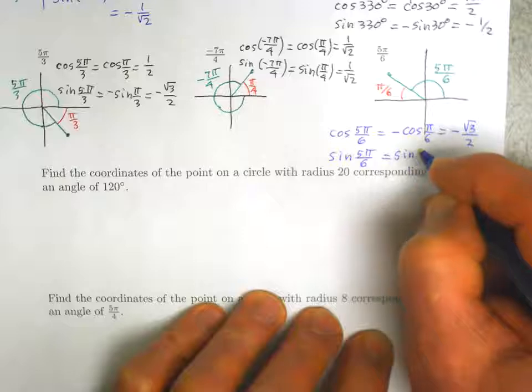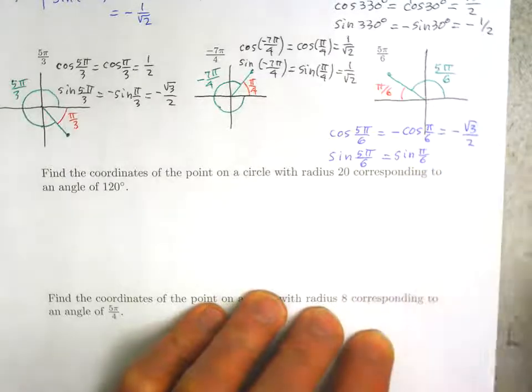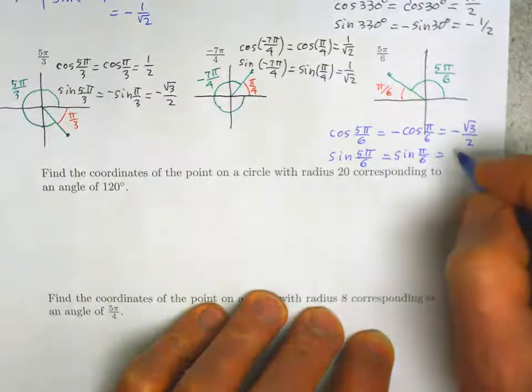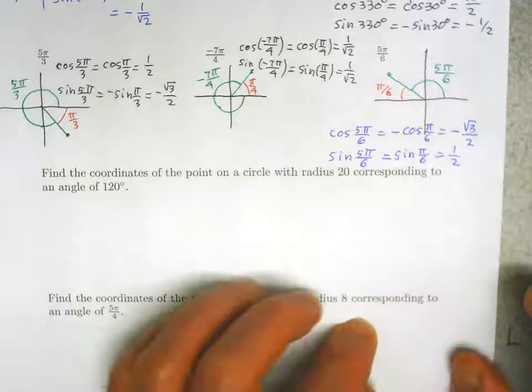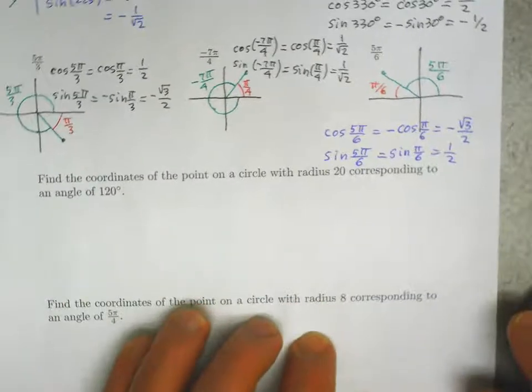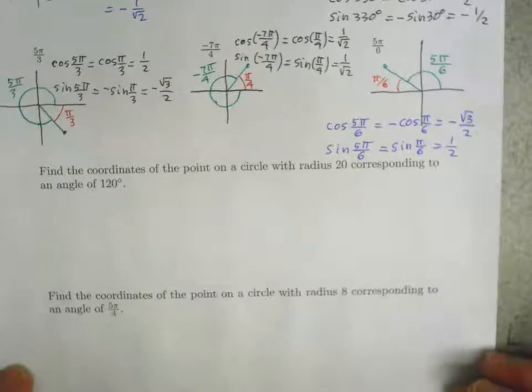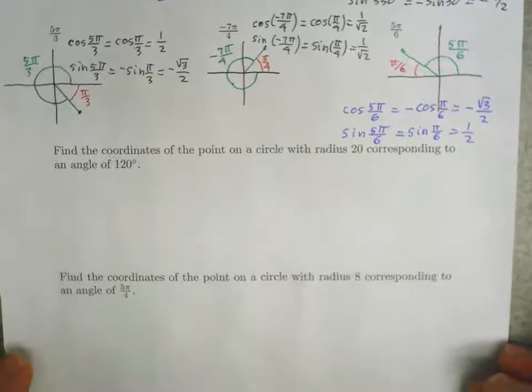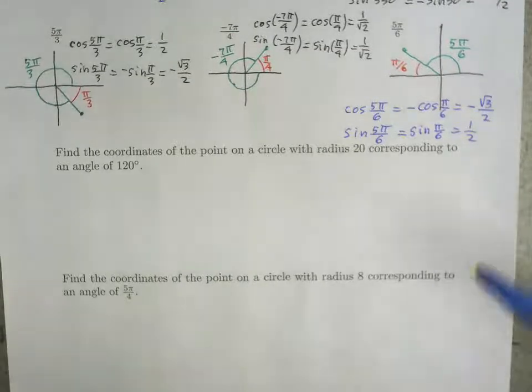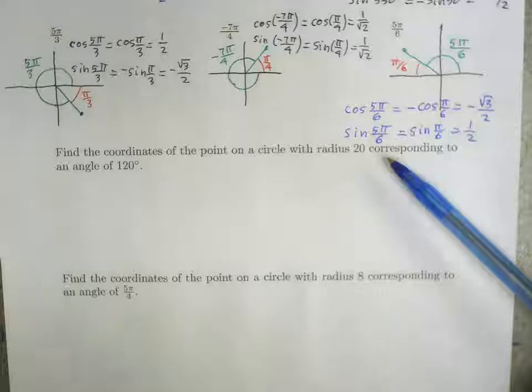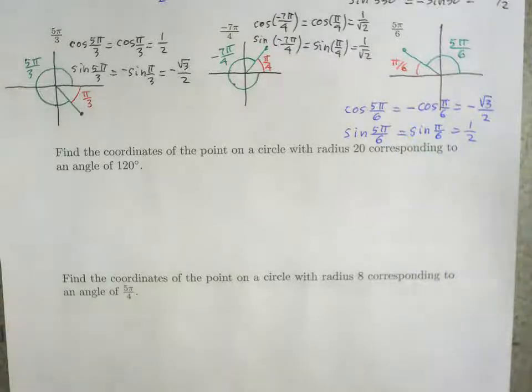They're both positive. And sine of pi over 6 is 1/2. So I hope all of this practice using reference angles is going to pay off, especially evaluating sine and cosine at the special angles.